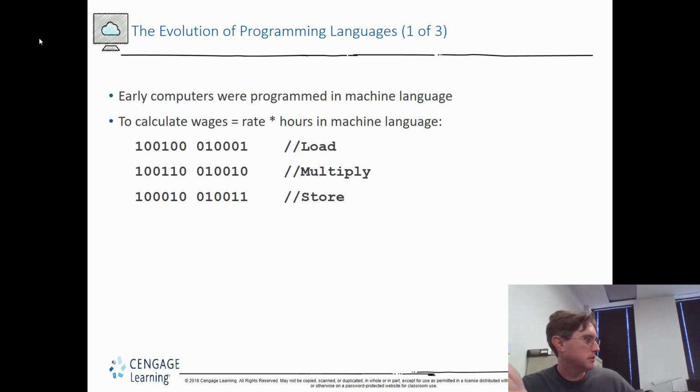So this would be like calculating somebody's pay, right? Wages is equal to rate times hours. In machine language, it might look something like this. There might be 3 different steps. Maybe you load the first thing into a memory register, and then you multiply it times another number, and then you store that result in another memory register, for example. So it might look something like that.